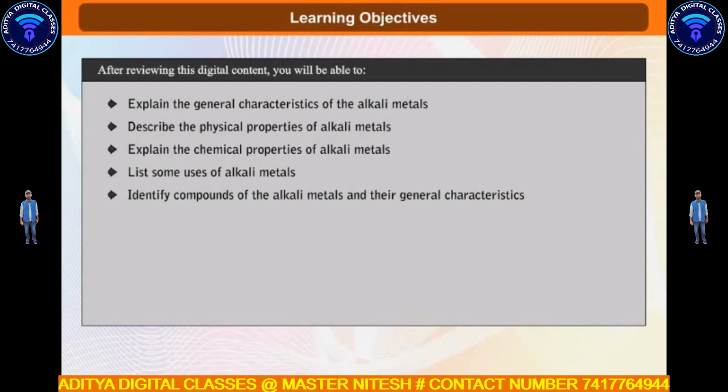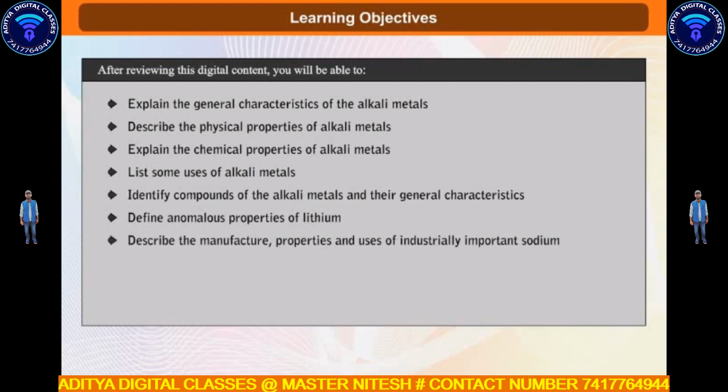Identify compounds of the alkali metals and their general characteristics. Define anomalous properties of lithium. Describe the manufacture, properties and uses of industrially important sodium. Identify the biological importance of sodium and potassium.